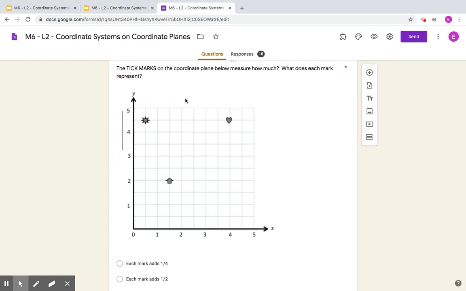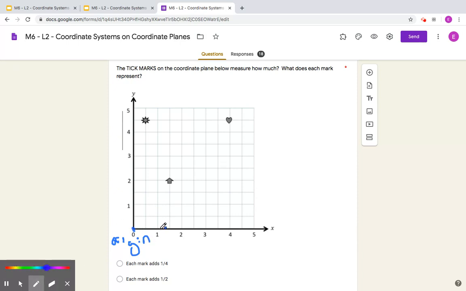Right here we had a coordinate plane. It has our x-axis on the bottom and our y-axis going up and down. And just based on what I see, my origin is labeled here as 0, 0, where everything begins.